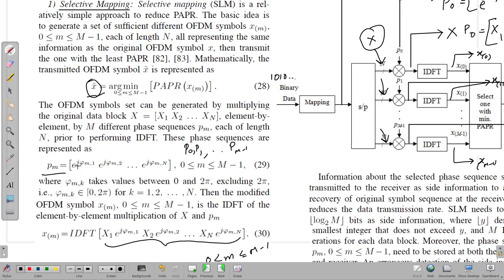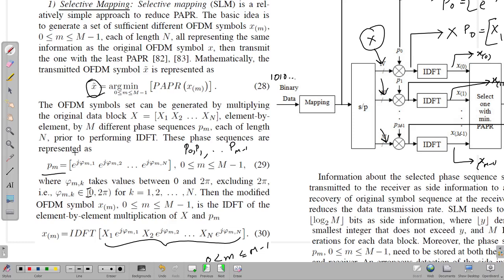And this complex exponential can have its angle phi m. Phi m can vary from 0 to 2 pi, where 2 pi is not included. It is a set from 0 to 2 pi, and it ends just before 2 pi, because 2 pi is the same as 0 angle.